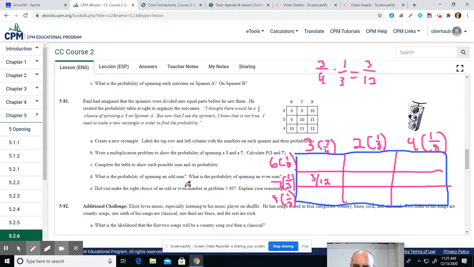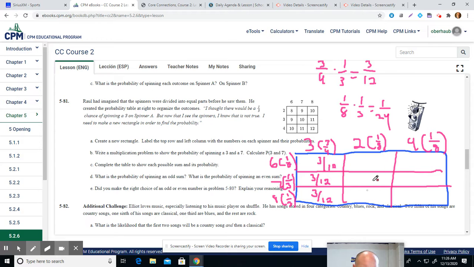Complete the table to show the sum and its probability. I'm going to do the probabilities first and then put in what they equal. 3/4 times 1/3: I know all these are going to be 3/12 because they're all the same one. Here I have 1/8 times a third, which gives me 1/24.